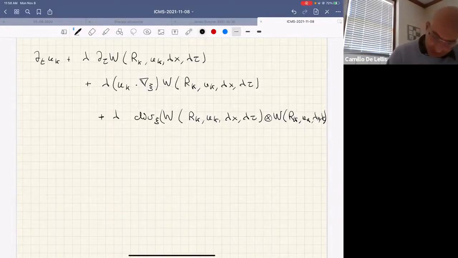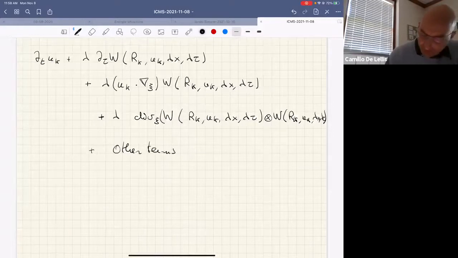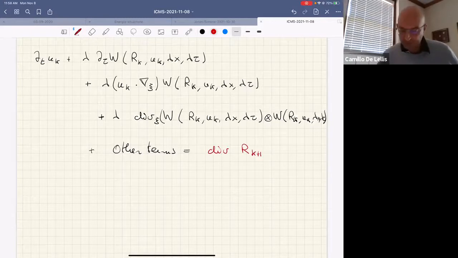Then there are other terms, and for the moment let me not care about these other terms. Then we are actually going to look at what they are. All of this has to be equal, and here I'm going to just say that this one is going to be the divergence of my next tensor RK plus 1.